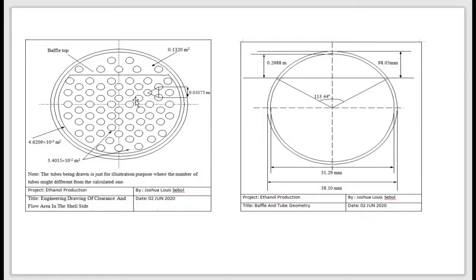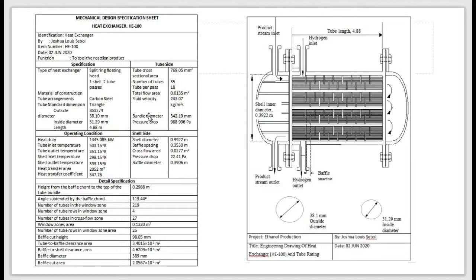It might be different from the calculated one, just for illustration purposes. So how we got this value is, this is the condition of the plant, and based on this condition we got the data specification, because based on the book it refers to the table.